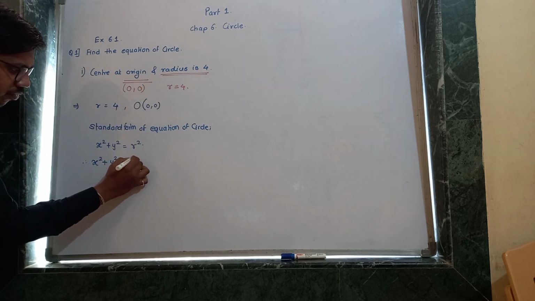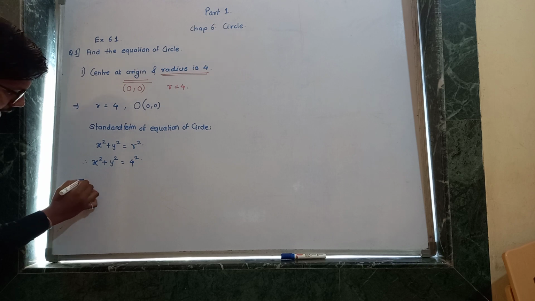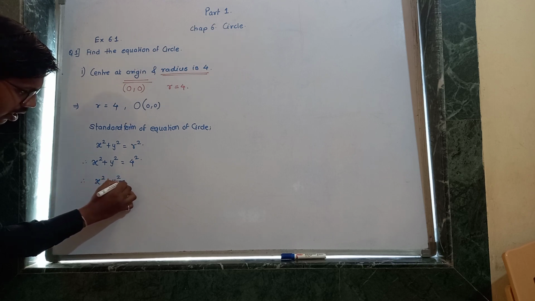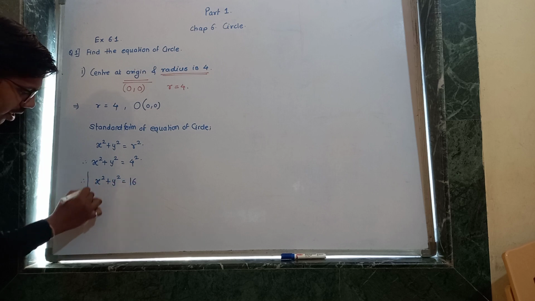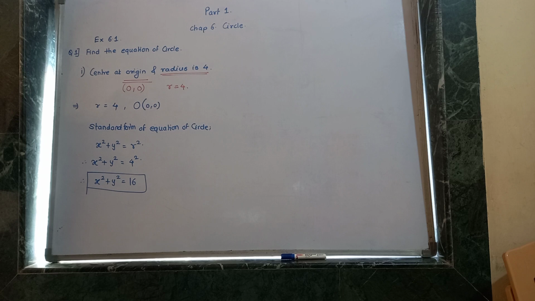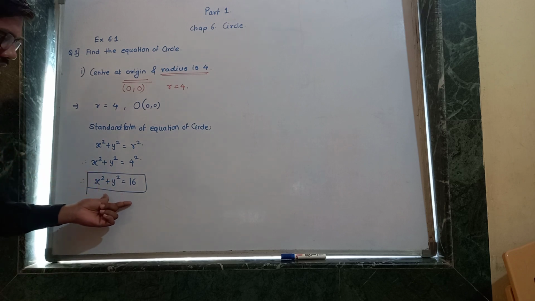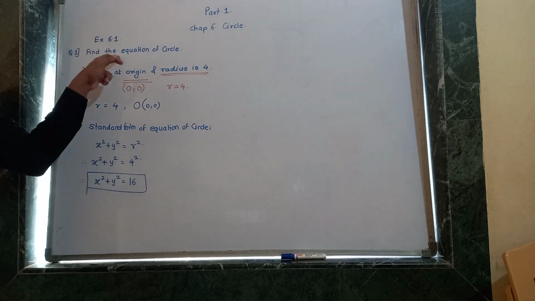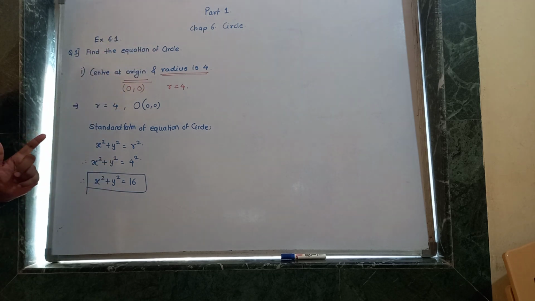So here we will write 4². That means the final answer for us is x² + y² = 16. Don't forget to box it. x² + y² = 16. This is our final answer, the equation of the given circle. Okay, understood?